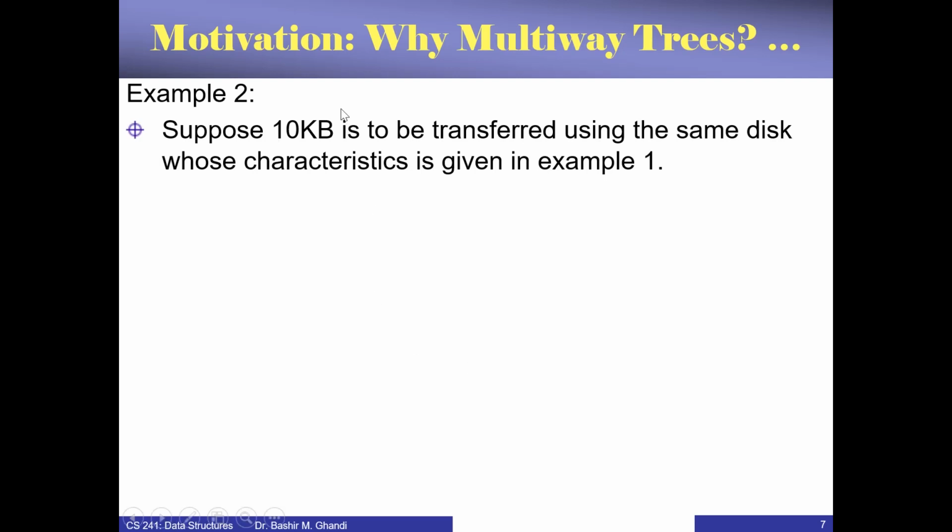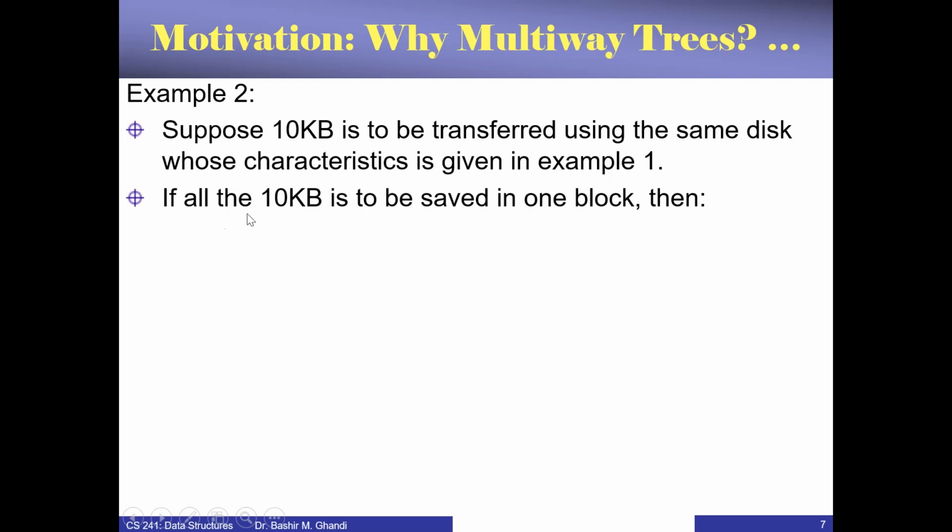Suppose instead of 5 kilobytes, we wish to read 10 kilobytes from our disk, the same disk that we discussed in example 1 with the same characteristics. Now, let us consider 2 scenarios. In one scenario, the entire 10 kilobytes is saved in one block of memory. Then the access time is very similar to what we computed before.